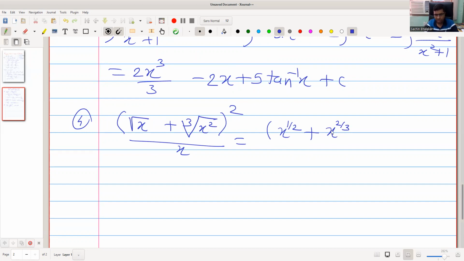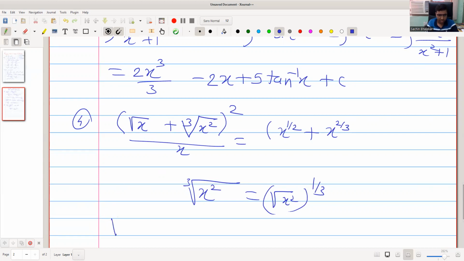Okay, sorry, wait, just a minute, it is x square raised to 1 by 3. Okay, fine.